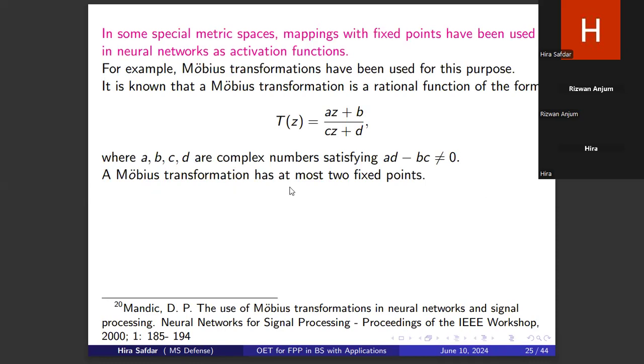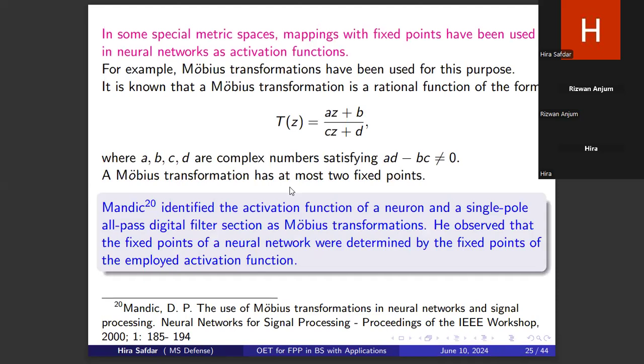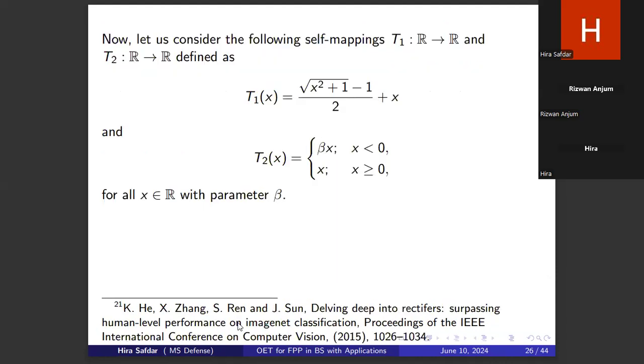A Mobius transformation has at most two fixed points. Mendick observed that the fixed points of a neural network were determined by the fixed points of the employed activation function, as we see in this paper. Now let us consider the following self-mappings T1 and T2, which are defined as follows.